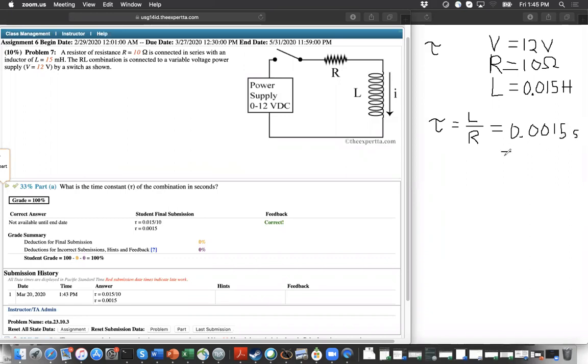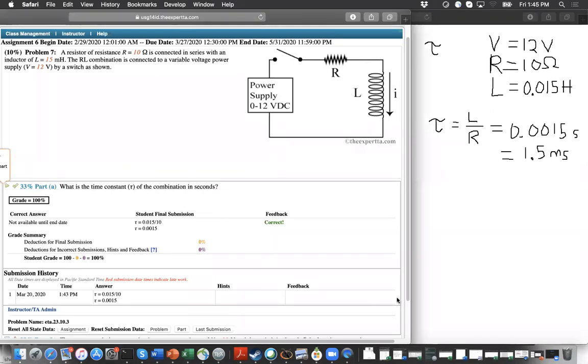Or, and I recommend you check this yourself, 1.5 milliseconds. So that's the time scale over which the circuit's current can change. And that's just an important thing to understand. Okay, that's getting a number out. Hopefully that's not too surprising. So that's all well and good.